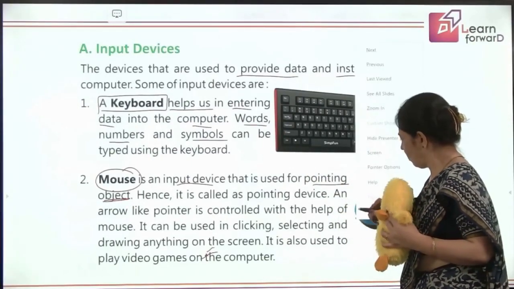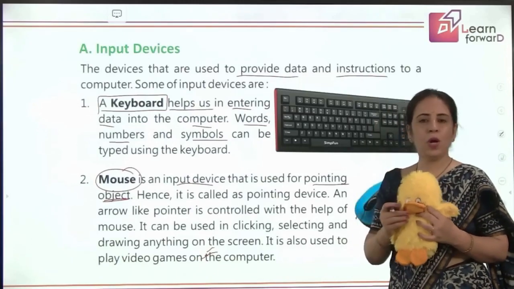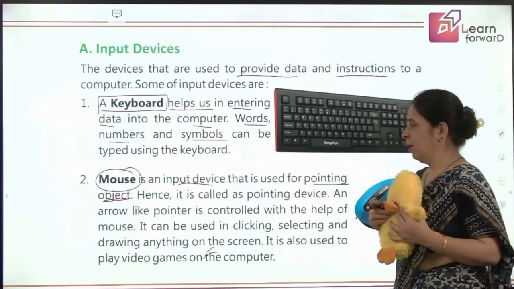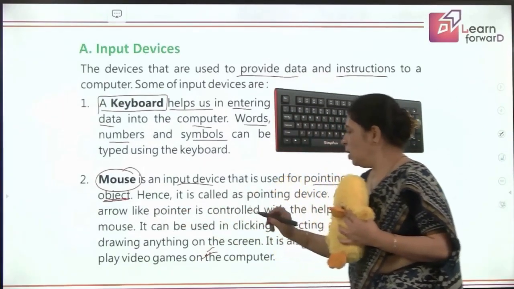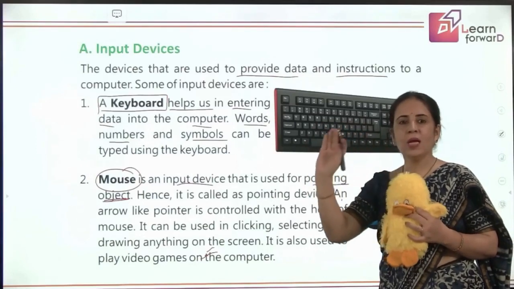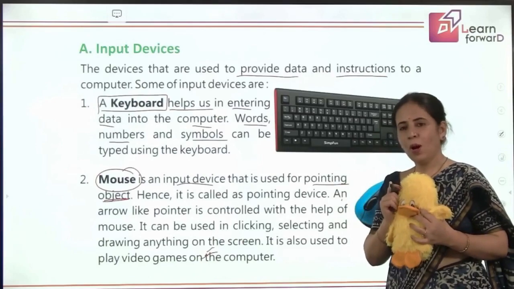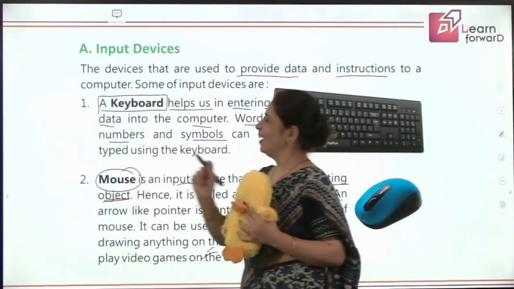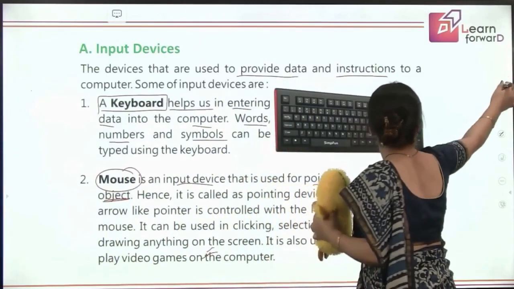So this object will be pointed with the help of the mouse when you are operating the computer, right? An arrow is like a pointer which comes on the screen, and this arrow is actually controlled with the help of the movement of mouse. Got it? Great.